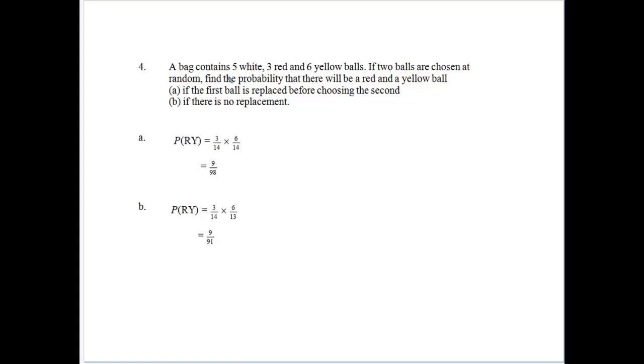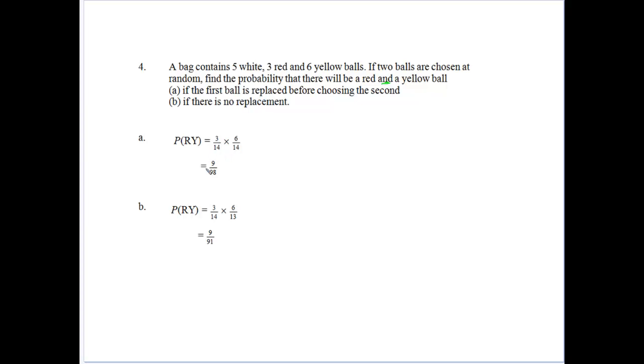This time we've got a bag containing 5 white, 3 red, and 6 yellow balls. 2 balls are chosen at random. Find the probability of a red and yellow ball. So the probability of a red and a yellow. Notice it's written in the question here: a red and a yellow. A red and then a yellow would be 3 on 14 and then 6 on 14. That's if the ball is replaced.